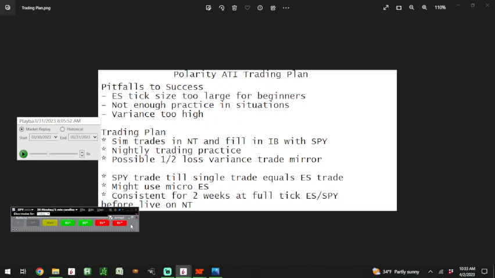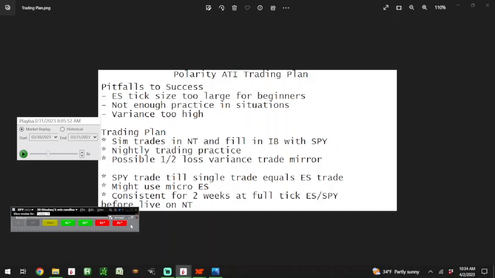Then maybe $2, and then $4, and then $10, and then 20, and onward and onward until your micro ES will be equal to your ES. I'm not sure what the micro ES is, but maybe you're trading 10 micro ESs, and that's the equivalent of one ES, right? So you're trying to work your way up to that point.